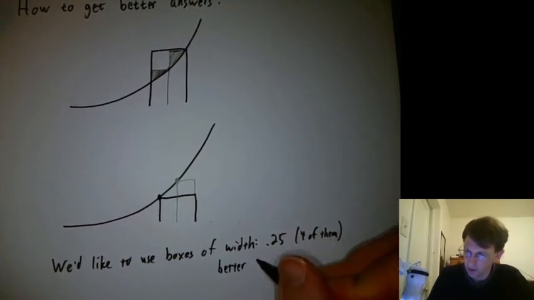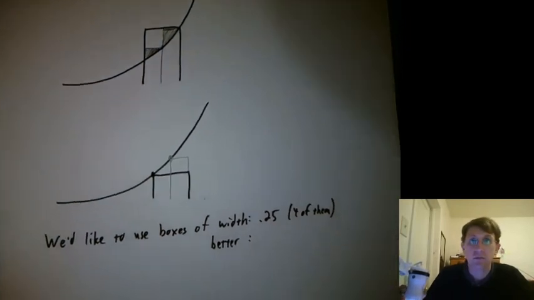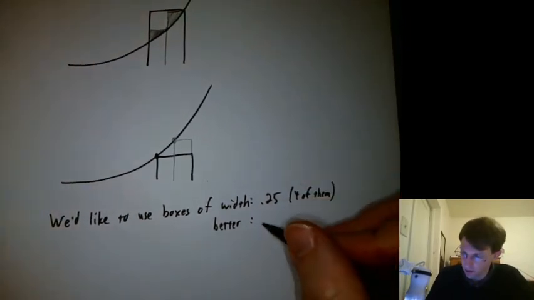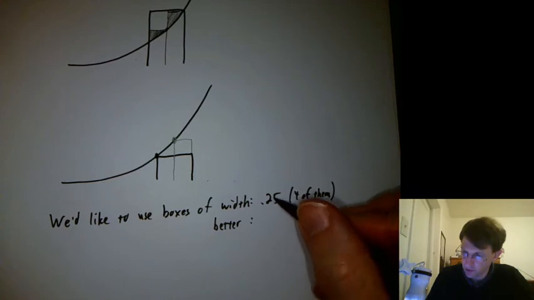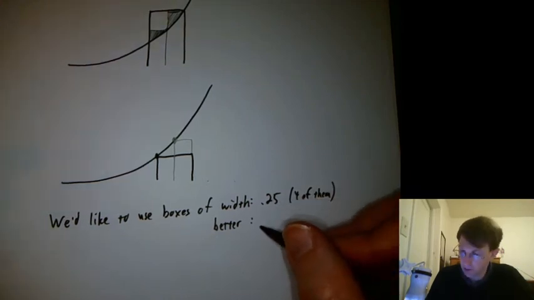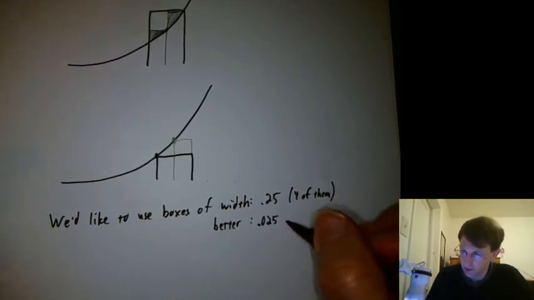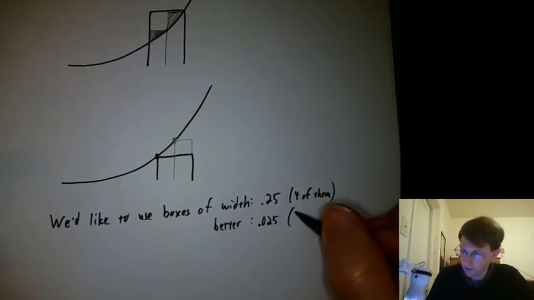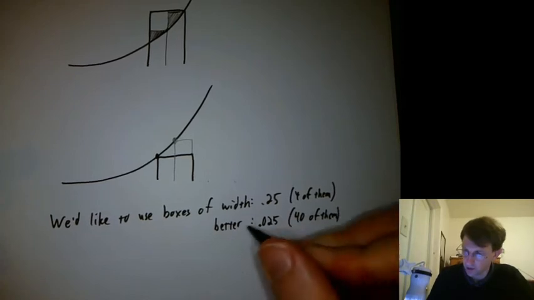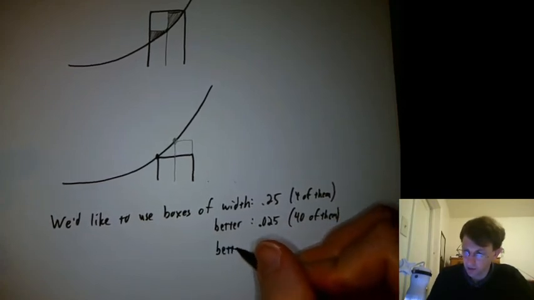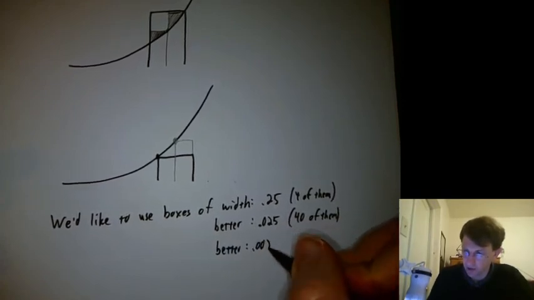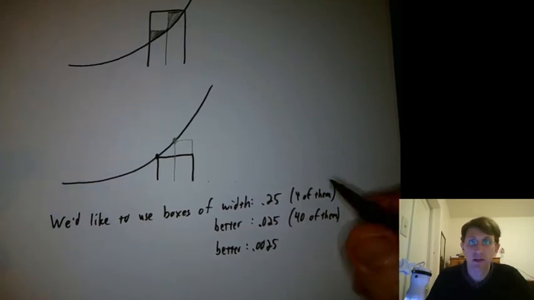Better would be what? Maybe, how about cut the width by a factor of 10? How about 0.025? How many boxes would we have then? 40 of them? Or even better, how about 0.0025? Just start packing the zeros in there.